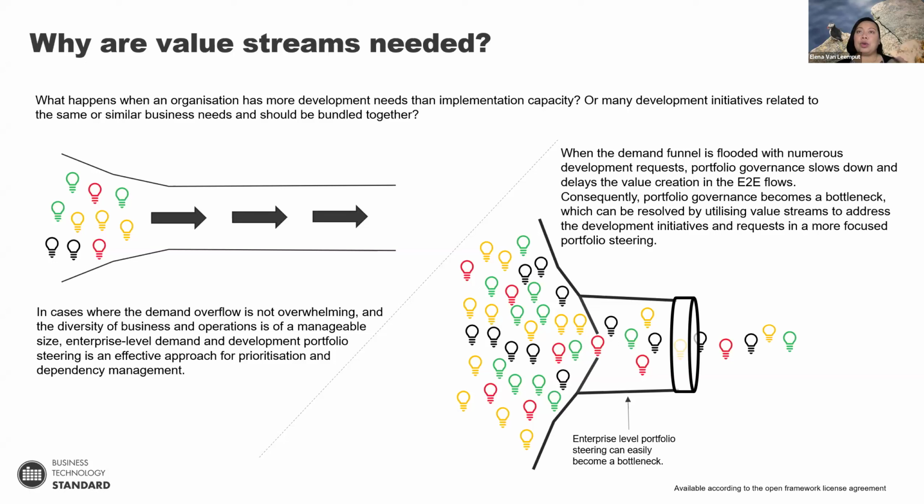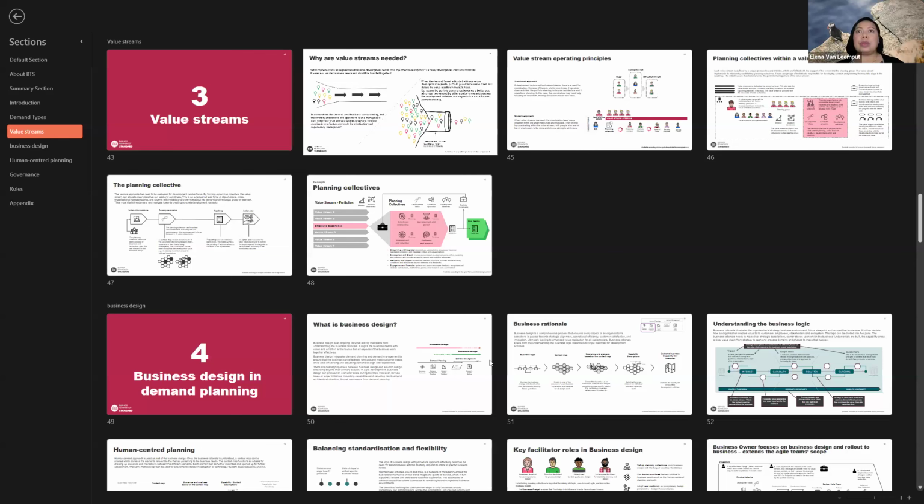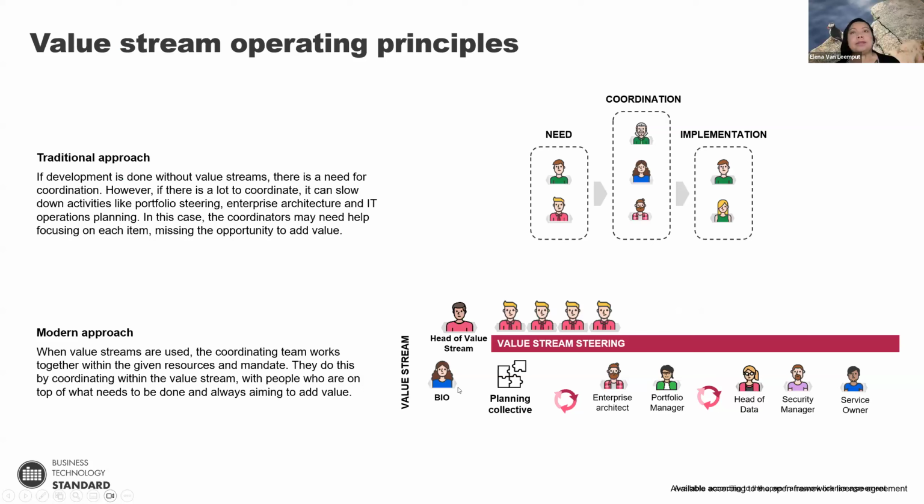And in the end, if it's always handled in an enterprise level portfolio, it becomes a bottleneck. And that's why we have the value streams, where the approach is to have a value stream that will be handling their own type of demand.